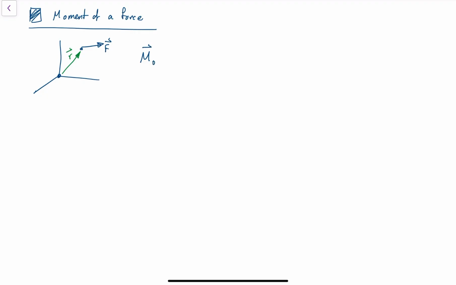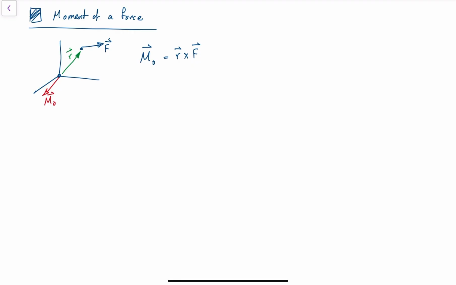We use the letter M, moment about O. It's a vector: R cross F. Essentially the same as angular momentum. It is the rotational effect of the force around that point O, and it is a vector perpendicular to both of them, and that is M.